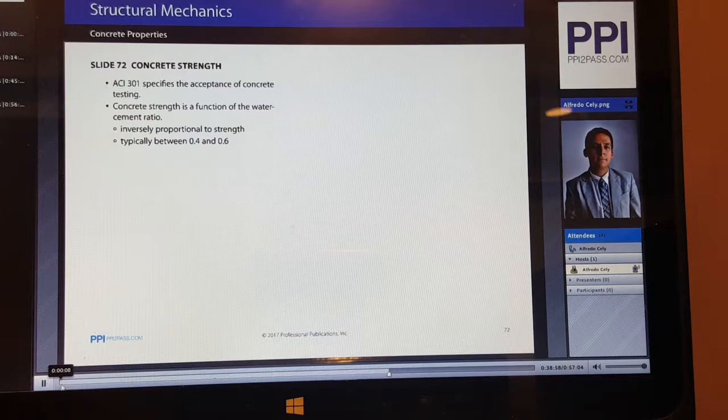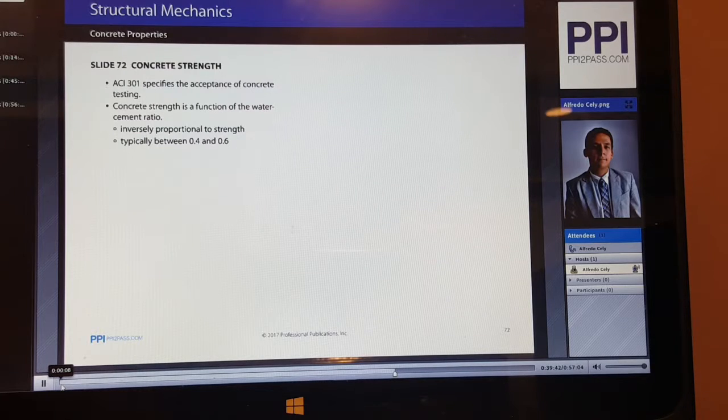This is what ACI 301 under 4.23 dictates: that the compressive strength of concrete is satisfactory if no single strength test is 500 pounds per square inch less than the design compressive strength for concrete that's 5,000 pounds per square inch or less, or no single strength test is 10% less than the design strength for concrete that has a greater strength than 5,000 psi.